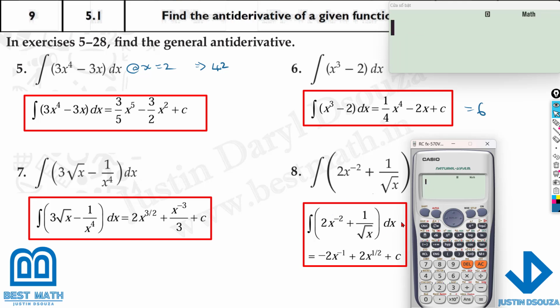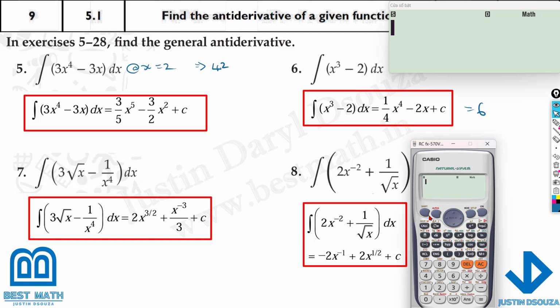Let me do the last one over here. So here we have 2x raised to minus 2 plus 1 divided by square root x, that is alpha x, calculated at 2, you get 1 plus root 2 by 2, and it's 1.2. So the same thing must be obtained over here.